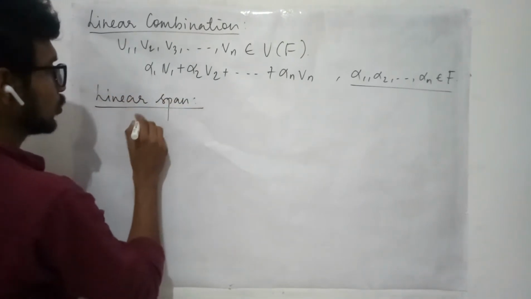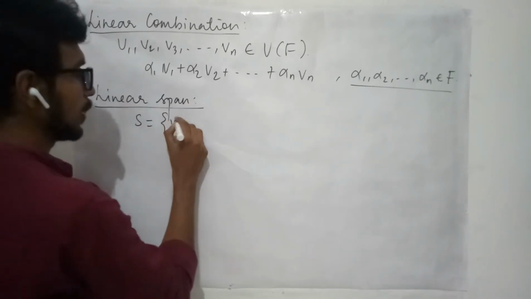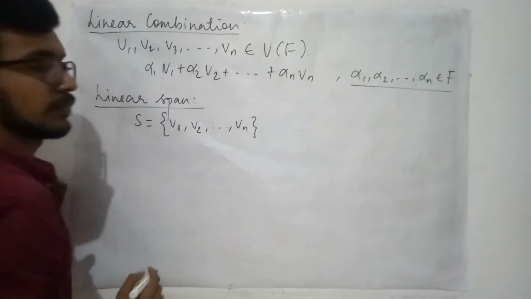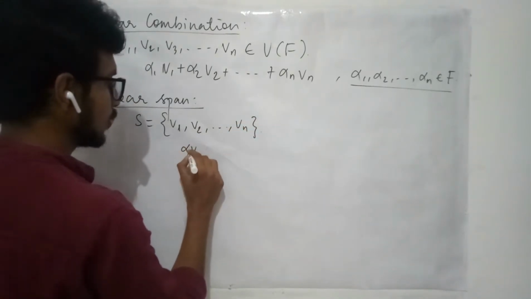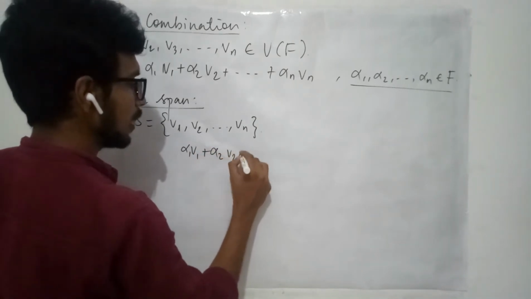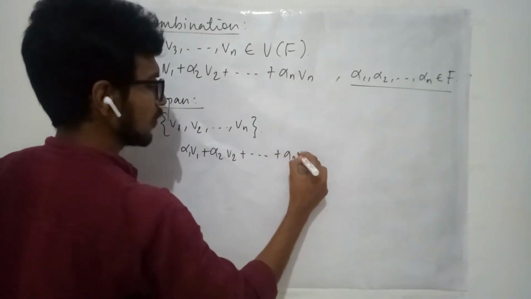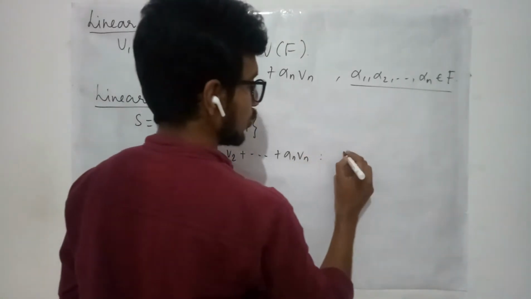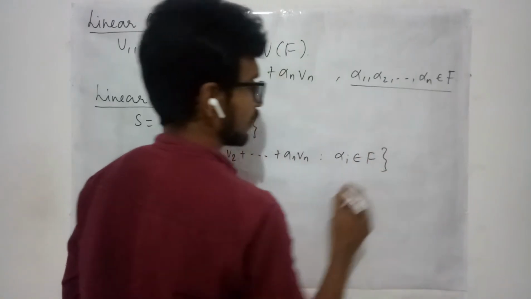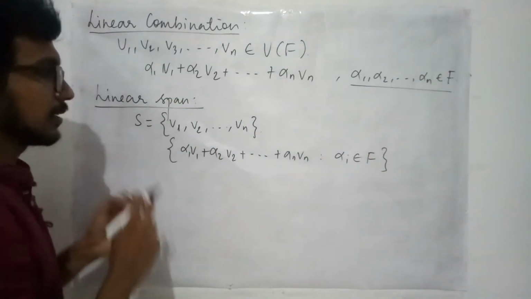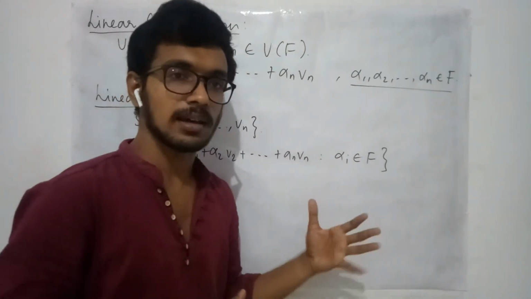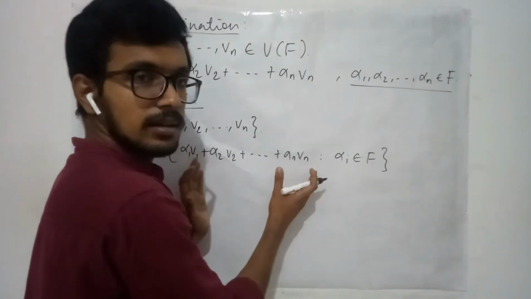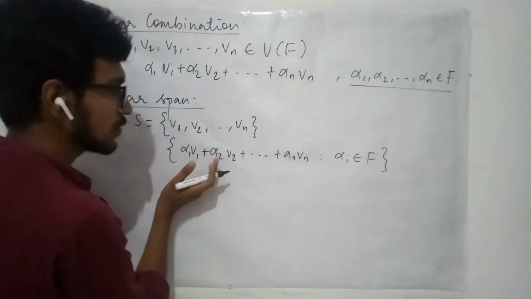To state what we mean by a linear span, let us take a set S with vectors v1 up to vn. If we have a set S, we can make linear combinations of vectors in S. If you range this over F, which means you fix a set S and vary the scalars, you are going to get a collection of expressions of this form.